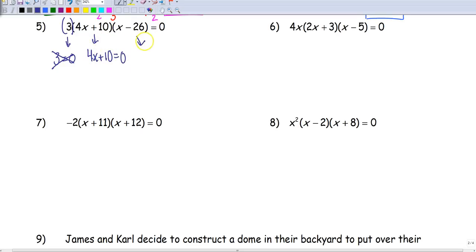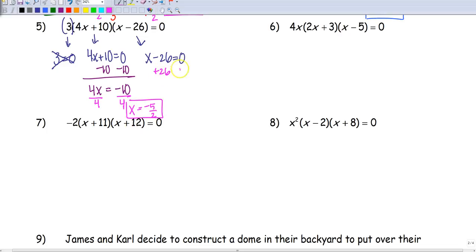So 4x plus 10 equals 0, x minus 26 equals 0. And then you can just solve. If you math rack that, you should get x equals negative 5 halves. And then this one, we will just get x equals 26.